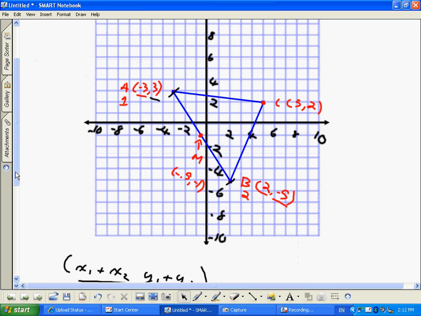The question says to find the equation of the median. The median is a line from the vertex, we're working with vertex C, a line that goes through the opposite midpoint. So we're starting at vertex C, and our line has to go through the opposite midpoint.